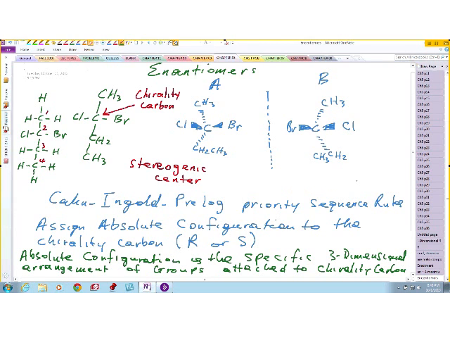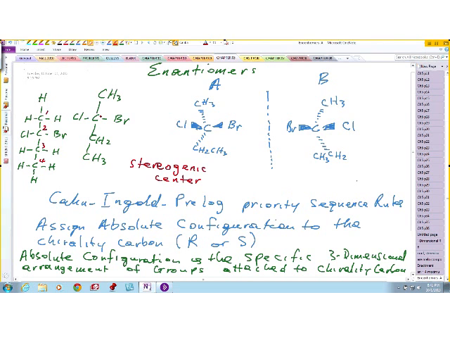So then you say, where does the Cahn-Ingold-Prelog priority sequence come in? To make the assignment, from now on, we are going to use the Fischer projection to make all of our assignments.